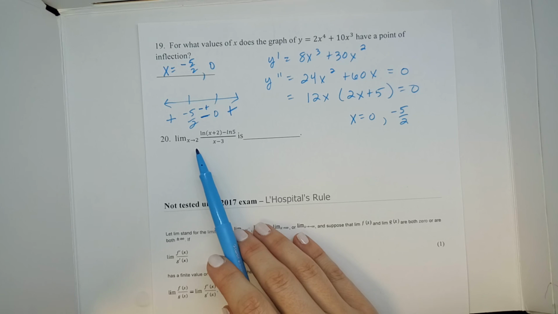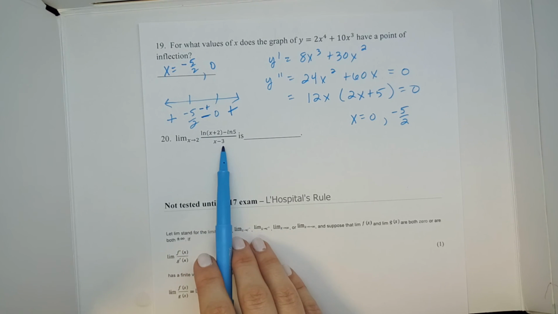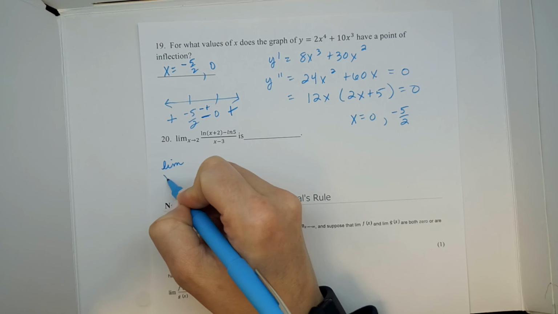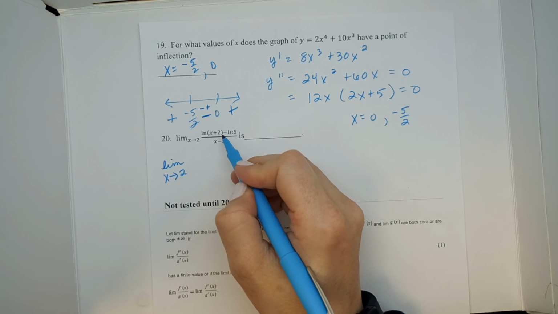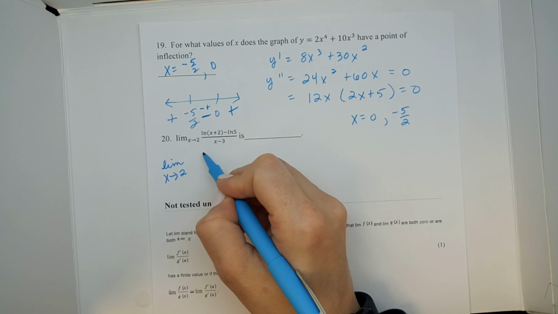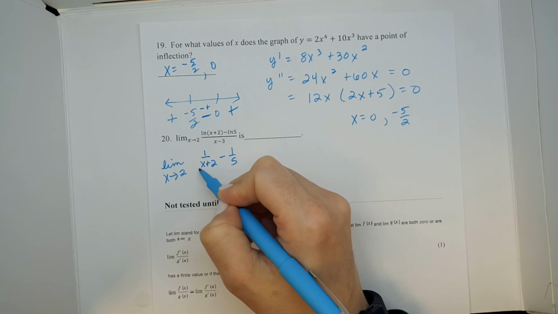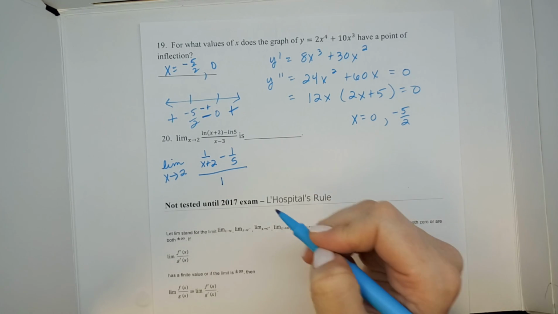So what you're going to do in this case is use L'Hopital's rule, which says that you can differentiate the top and differentiate the bottom, and then apply the limit. Okay, so let's differentiate both. Okay, so the derivative of ln x plus 2 minus ln 5 would be 1 over x plus 2 minus 1 over 5. And then the derivative of x minus 3 is just 1.